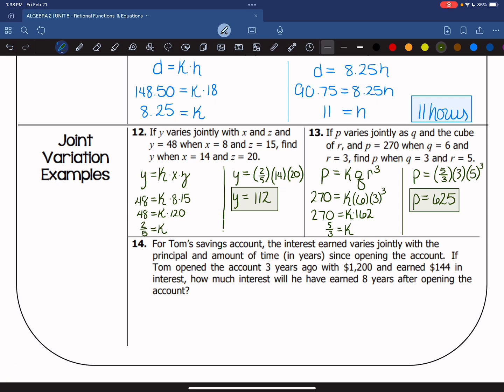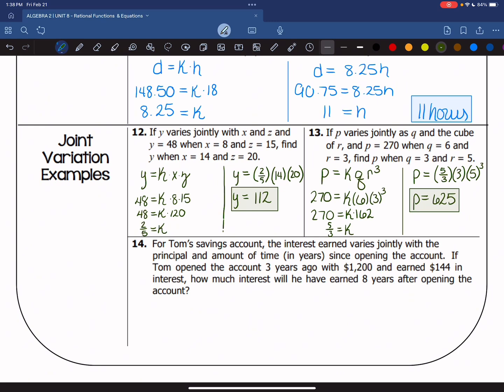Now, lastly, let's look at this in context. For Tom's savings account, the interest earned varies jointly with the principal amount and time in years since the opening of the account. If Tom opened the account 3 years ago with $1,200 and earned $144 in interest, how much interest will he have earned 8 years after opening the account? Okay, so it would be an equation set up like so.